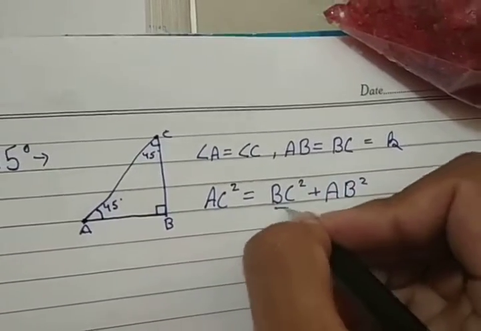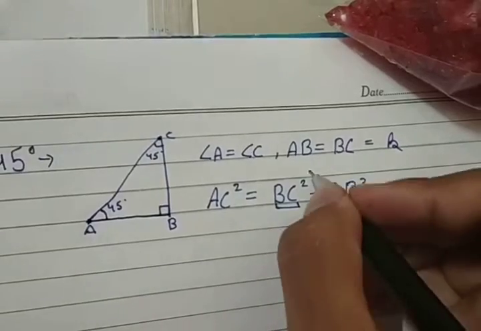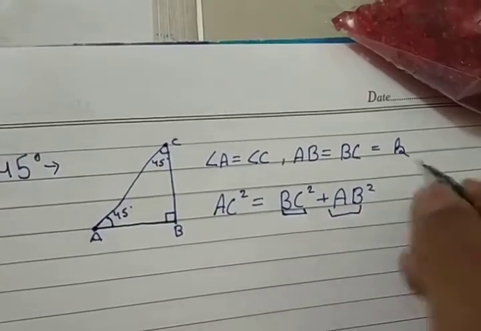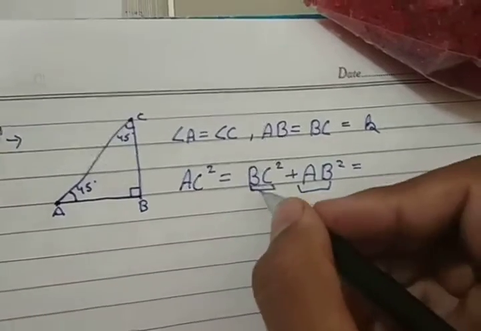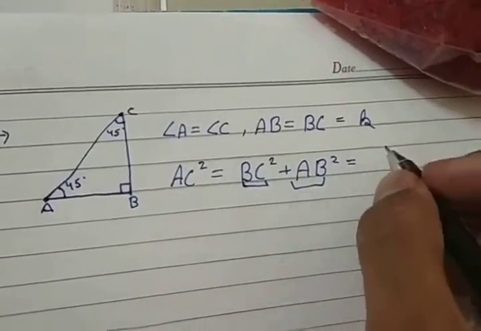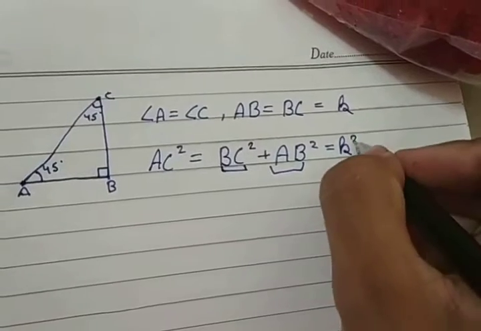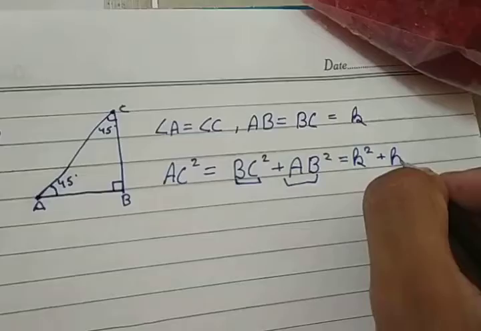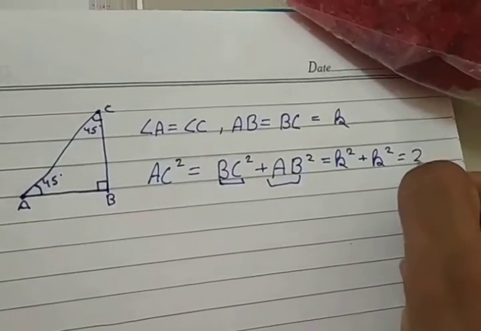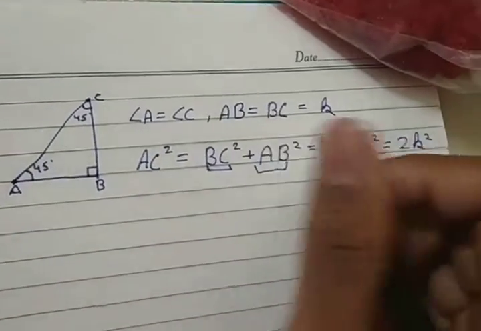Now we know what BC is. BC is nothing but equal to AB. And what are they both equal to? They are equal to some constant K. So let us put them in terms of constant. So BC square would be the square of constant K, that is K square. The same goes with AB square. So it would again be K square. That would make it 2K square.